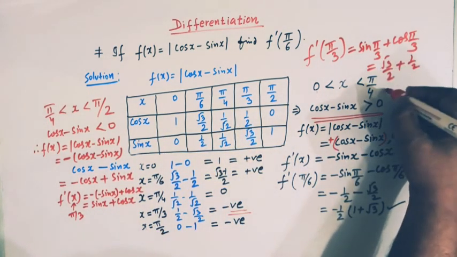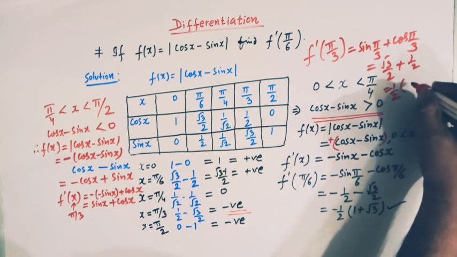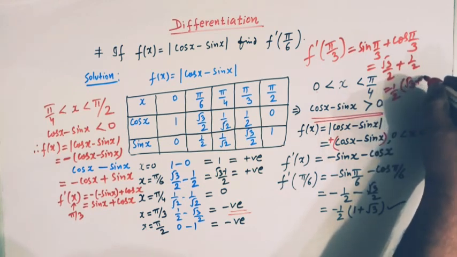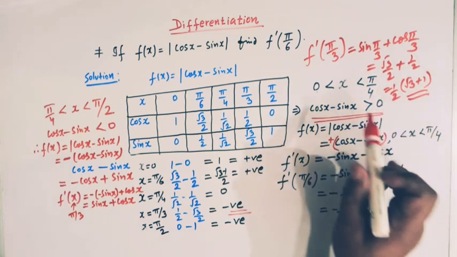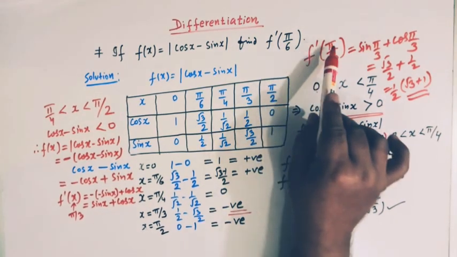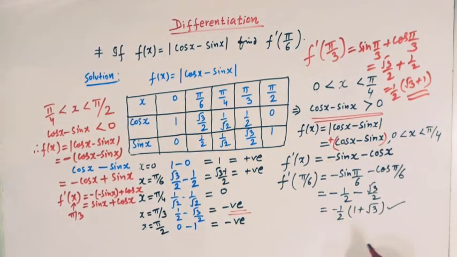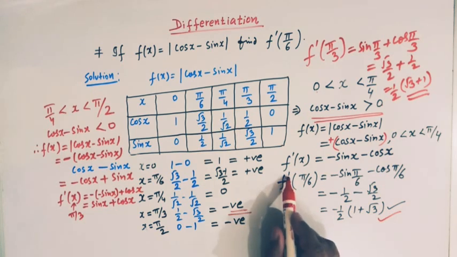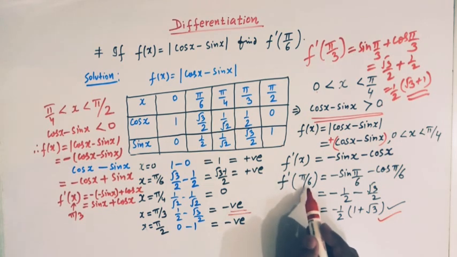Taking half common, we have (√3 + 1)/2. So this is the required value of f′(π/3), and the earlier one is the required value of f′(π/6).